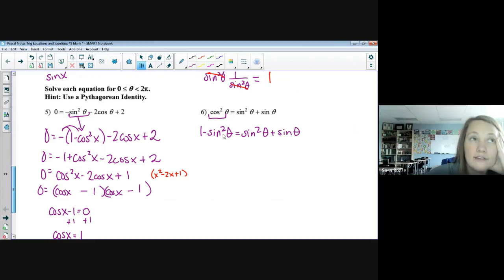Now, is everything in the same trig function? Yep, we're going to move it all to one side and then factor it just like we did below. I'm going to subtract the 1 and add the sine squared. I'm going to put it over here.